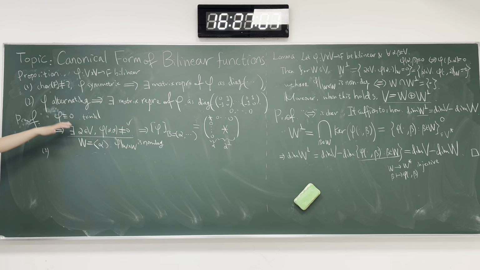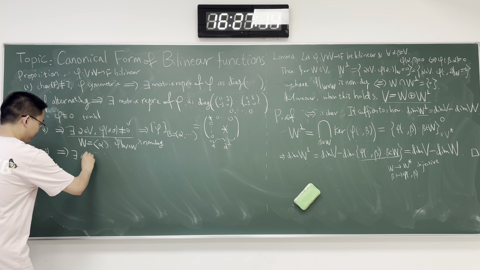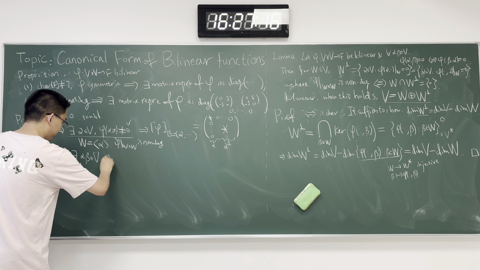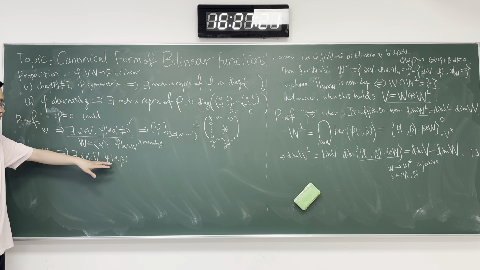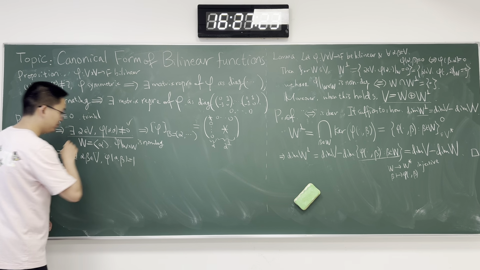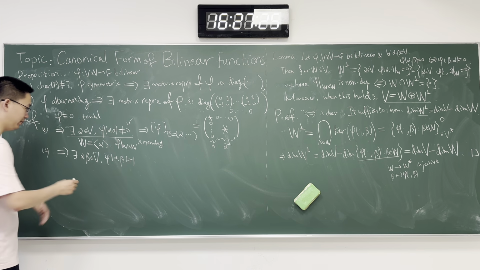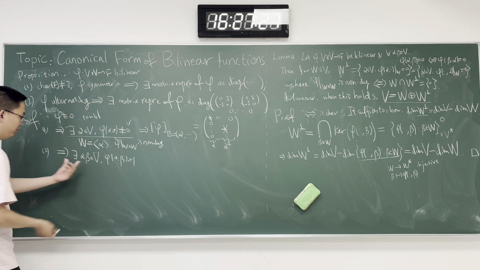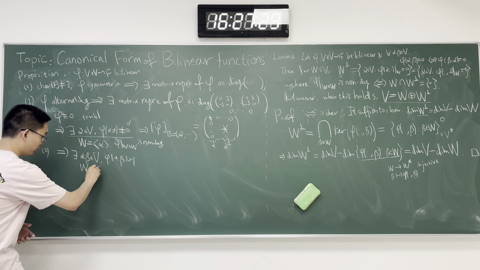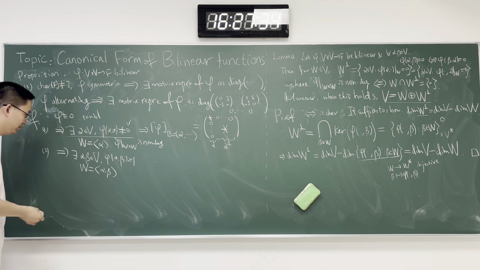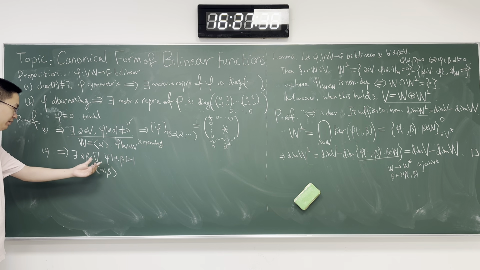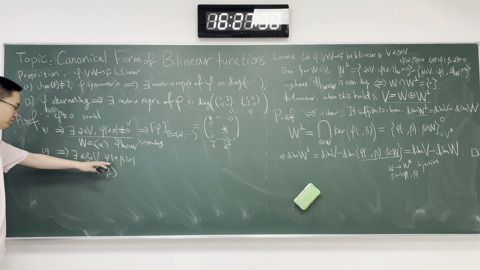Now, for the second case, if this bilinear form is alternating and non-zero, then of course there exists a pair alpha, beta in V such that phi(alpha, beta) is non-zero. And by rescaling, we may assume that this value is just 1. When we restrict to the two-dimensional subspace spanned by alpha and beta, they must be linearly independent since phi is alternating.